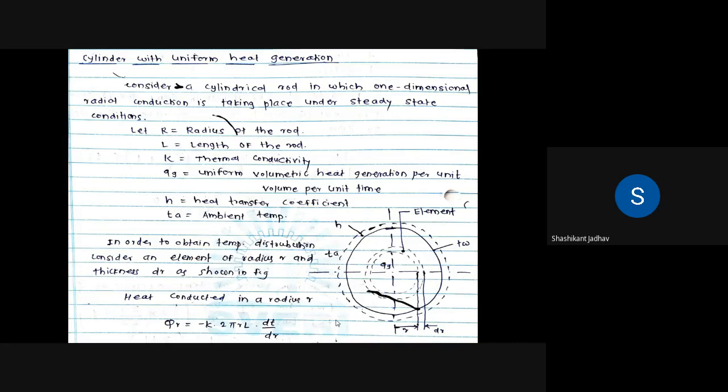In order to obtain the temperature distribution, consider an element of radius r, small r, and thickness dr as shown in the figure. So we have to find the temperature distribution.